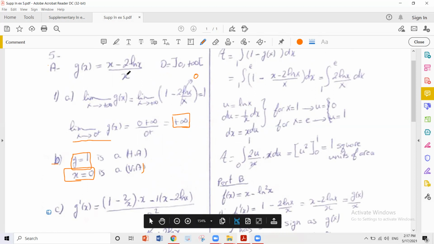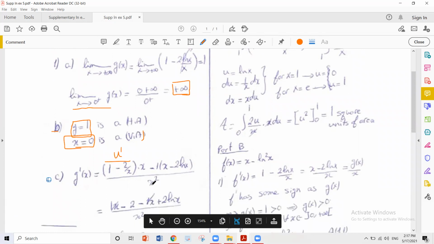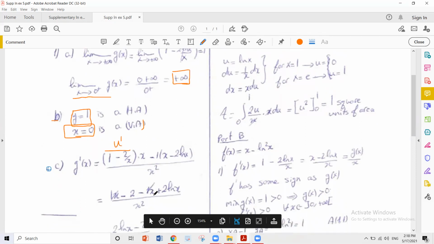u prime, the derivative of x is 1, the derivative of ln x is 1 over x, times 2 is 2 over x. This is u prime times v, which is x, minus v prime, which is 1, times x minus 2 ln x, over v squared, x squared. 1 times x is x, minus 2 over x times x is minus 2, minus x plus 2 ln x, over x squared.